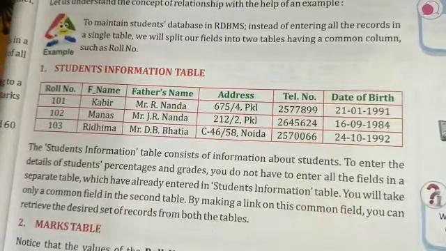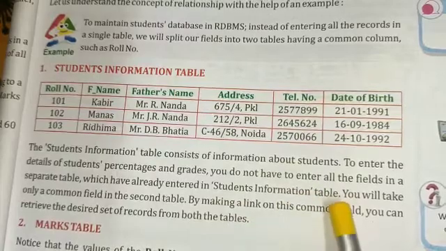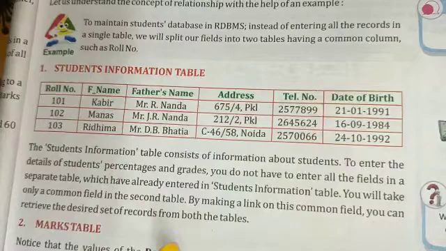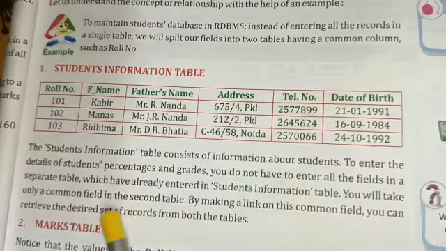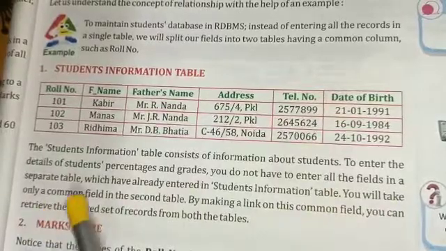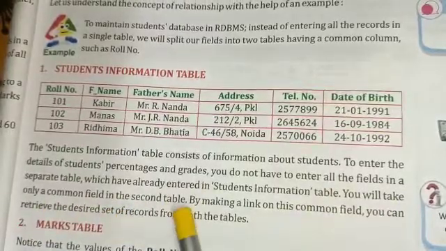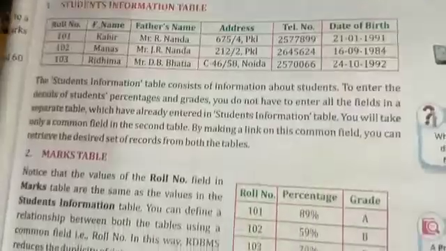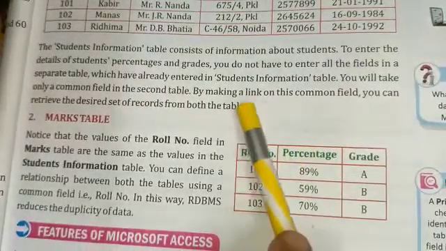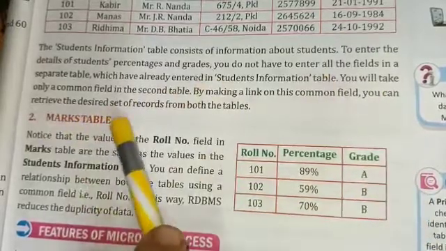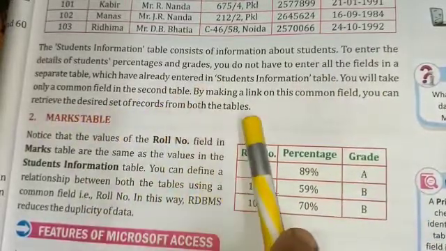So to enter the grade and percentage of the students, we do not need a single table; we can make another table. You will take only a common field in the second table. By making a link on this common field, you can retrieve the desired set of records from both the tables.